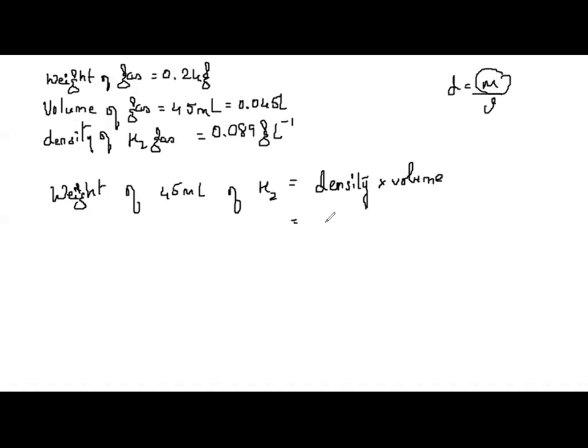So what is the density? It is 0.089 into what is the volume? It is 0.045. So what is the answer? You multiply it and see. The answer comes out to be 4.005 into 10 raised to minus 3 grams.